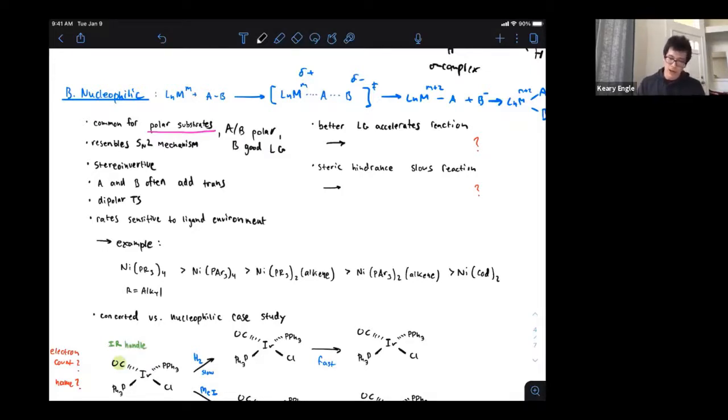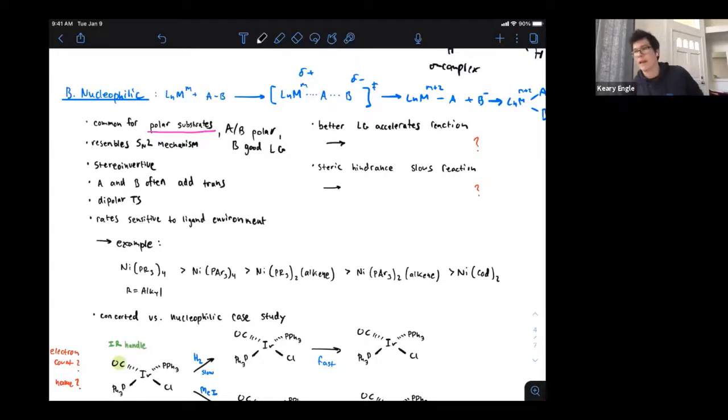But again, this is about the best you can do for a homologous series. So in this series, trialkyl phosphines are most reactive, then triaryl phosphines. Then if you replace one of the alkyls with an alkene, which is pi accepting, that's a little bit less reactive.